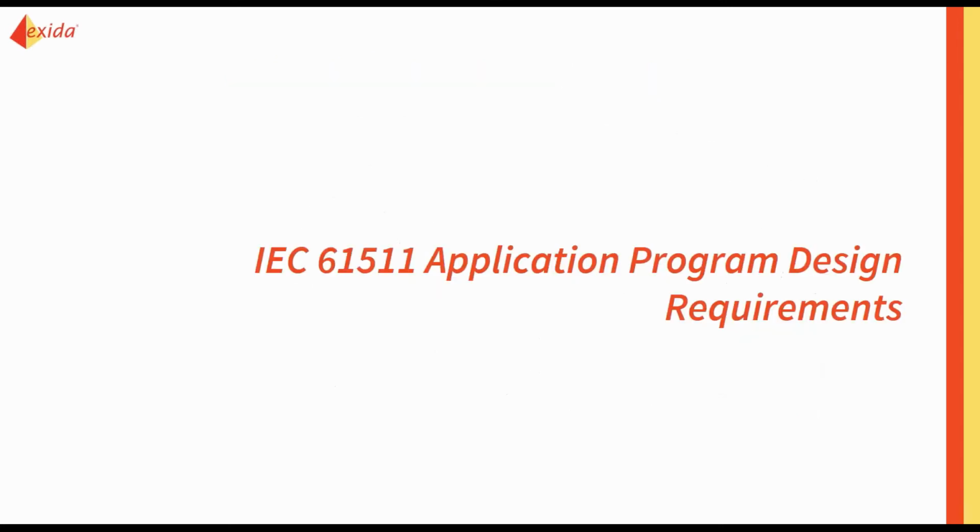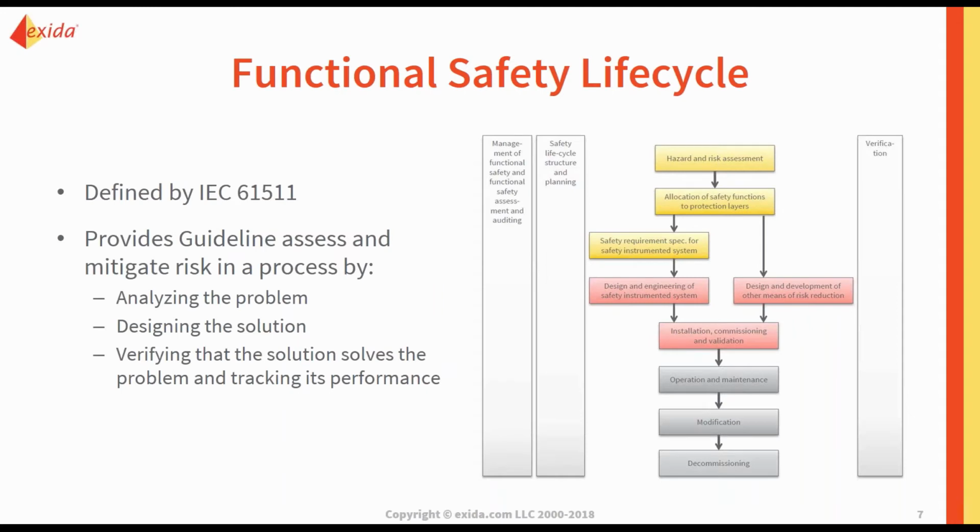So I'm going to start by talking about the functional safety lifecycle as defined by IEC 61511. And I'm sure most of you are very familiar with this life cycle, but in case you're not, it provides a guideline to help you analyze inherent risk in your system, design a solution to mitigate that risk, and verify that solution by tracking performance, by keeping up with your plant performance during operation to basically validate that your design is working.